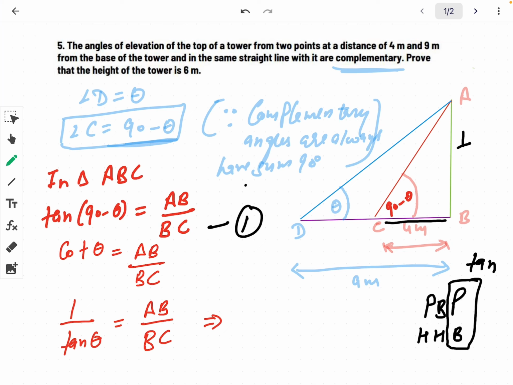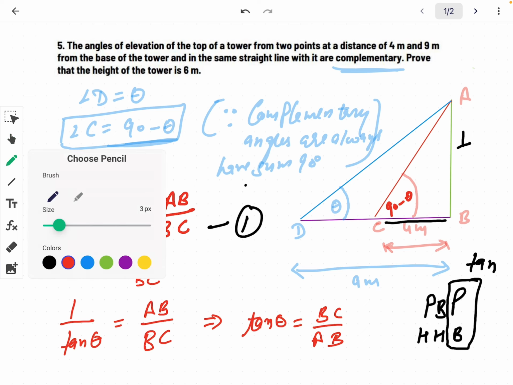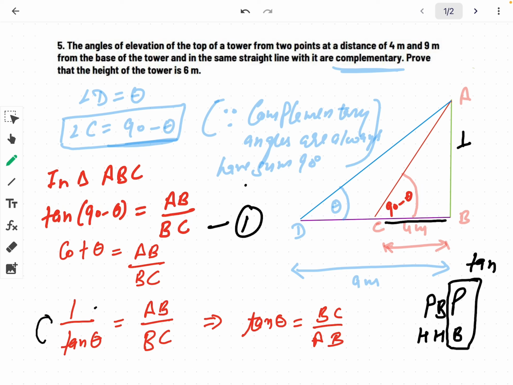This implies tan theta is equal to BC upon AB. What I did, I just took the denominator as the numerator and the numerator as the denominator.